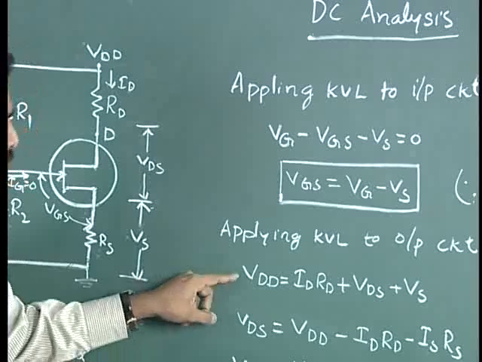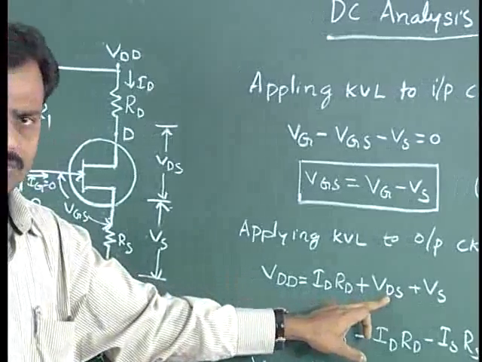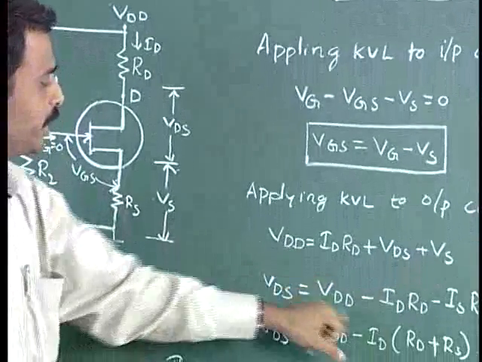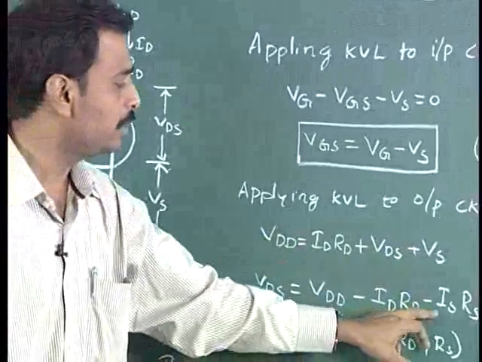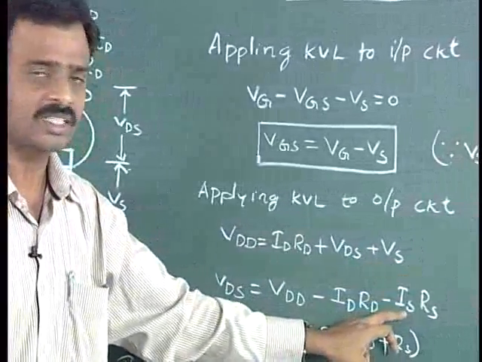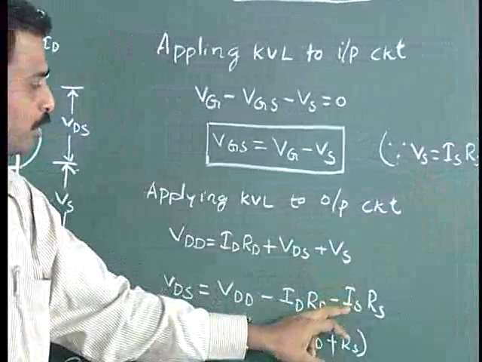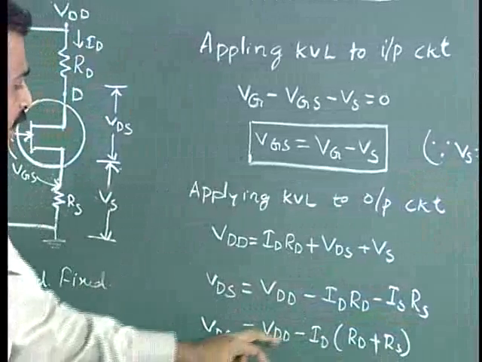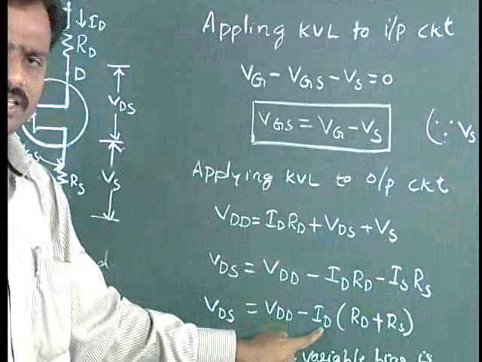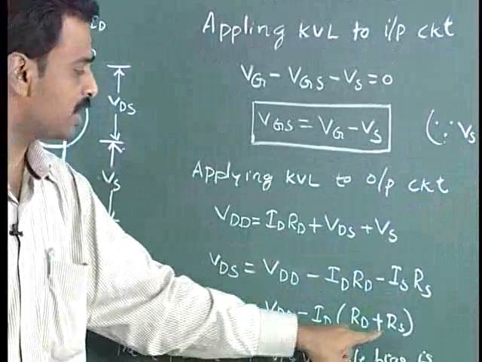As we want the output voltage VDS, VDS will be equal to VDD minus IDRD, and VS can be replaced once again as IS into RS. Taking ID as common, we get RD plus RS.